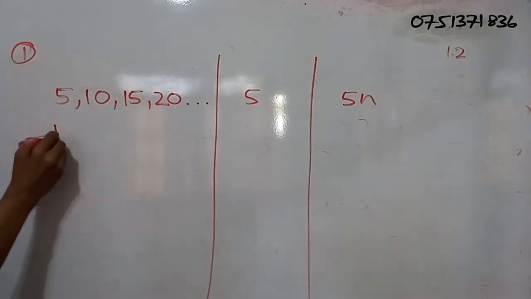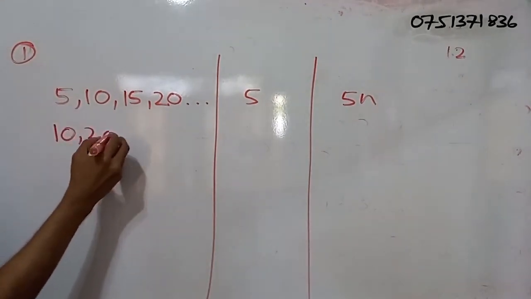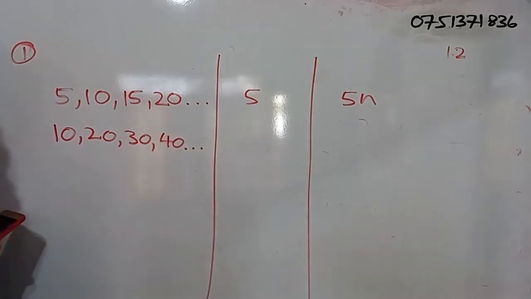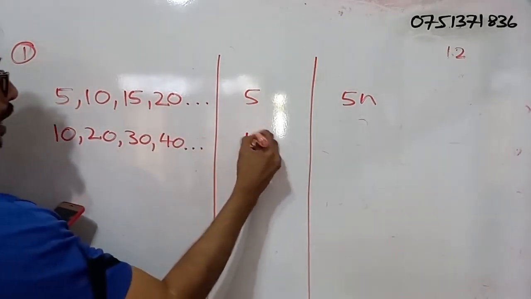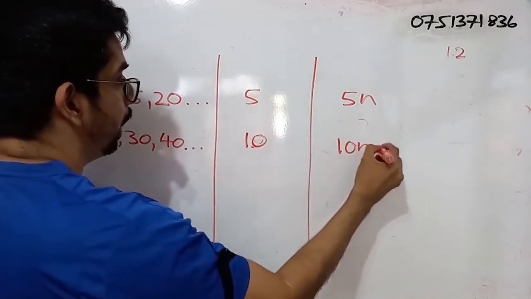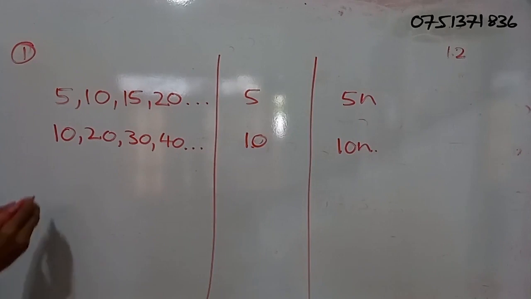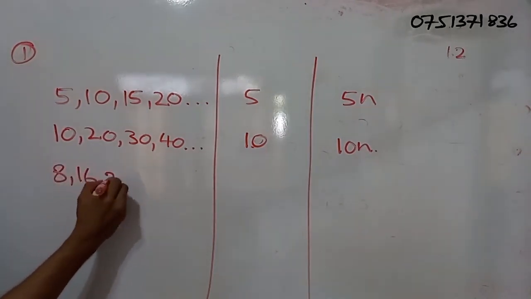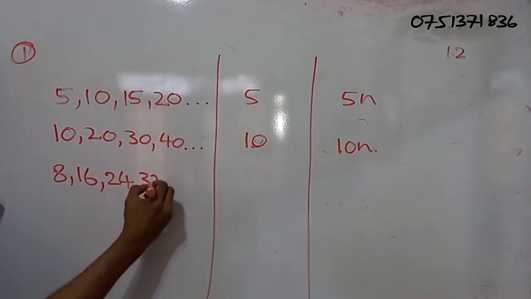Right, next one 10, 20, 30, 40. So what is the first term? 10. The general term 10n. Right. Next row 8, 16, 24, 32.